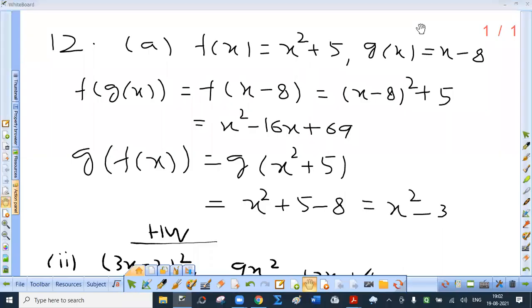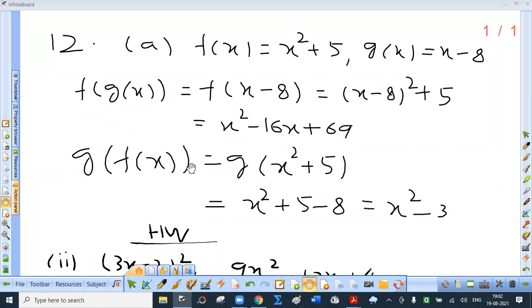Sum number 12, find f of g and g of f. fx and gx are given. So it is f of g of x, g of x is x minus 8. So we have to find f of x minus 8. fx is given, whatever is written here, square it, add 5. So it is f of x minus 8, square of x minus 8, add 5. So that gives me x square minus 16x plus 64 plus 5. I have directly written it as 69.